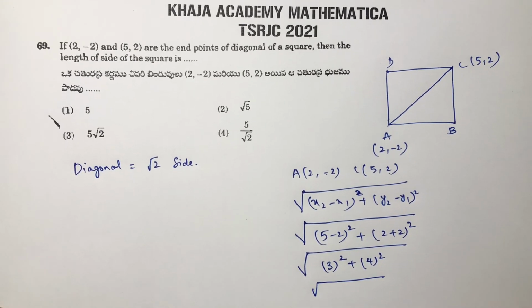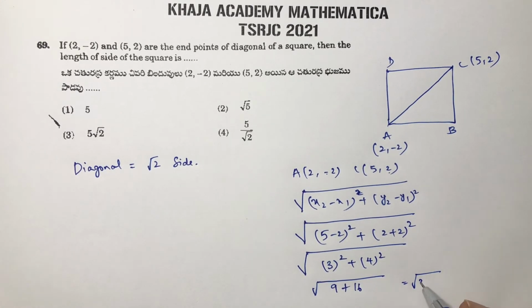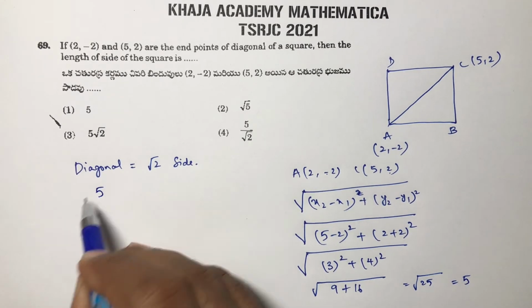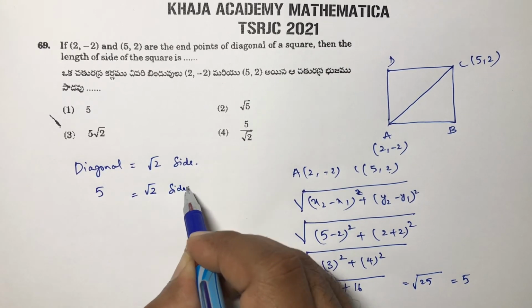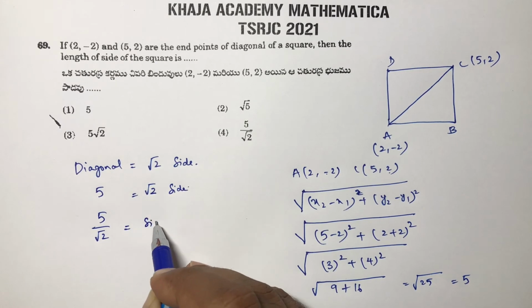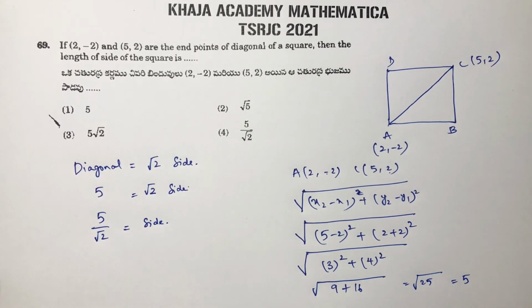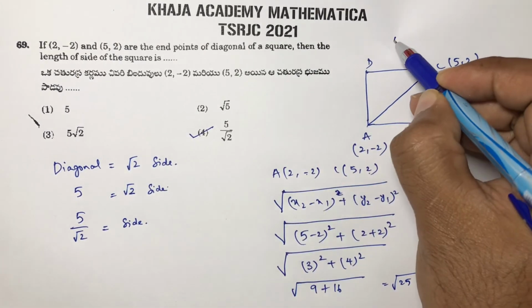Root of 3 square plus 4 square, 9 plus 16, which is root 25, which is 5. So the diagonal is 5, equals root 2 times side. So the side will be 5 by root 2. This is one method.